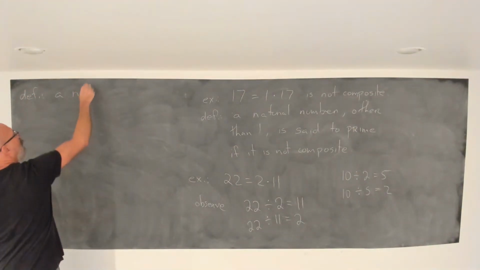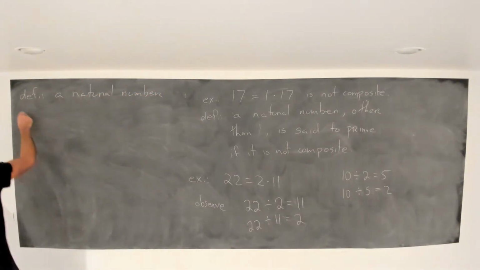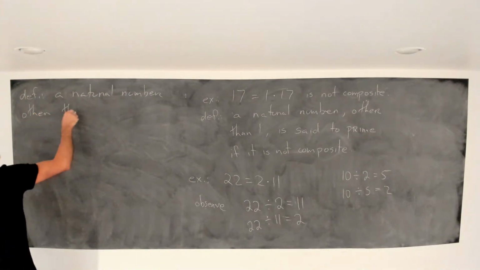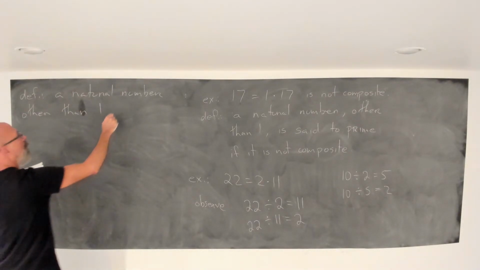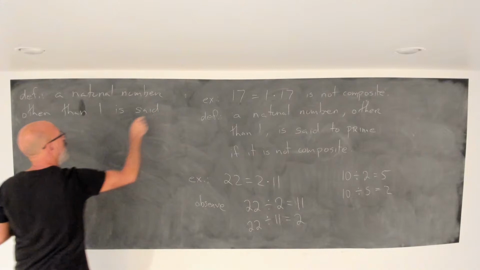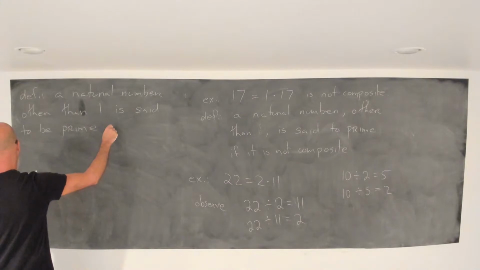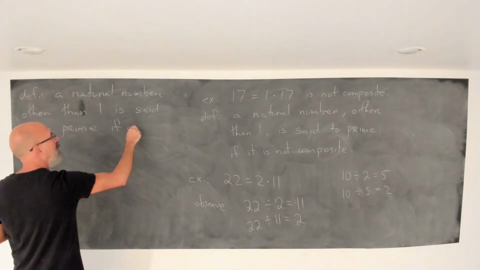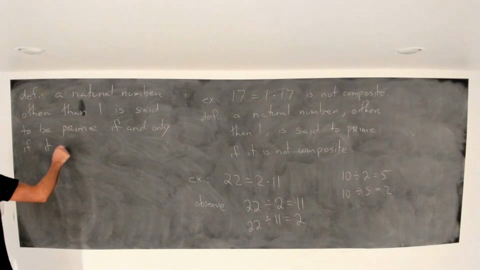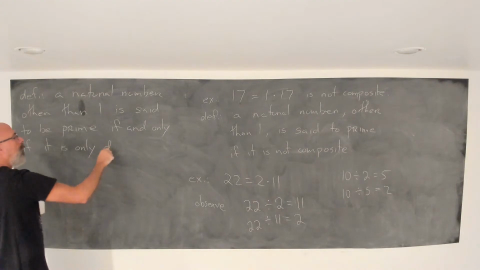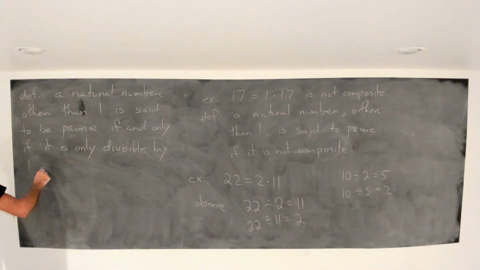Definition: a natural number other than 1 is said to be prime if and only if it is only divisible by 1 and itself.